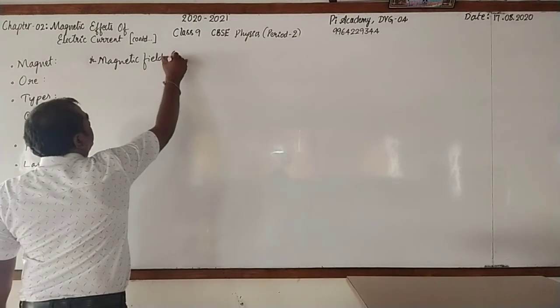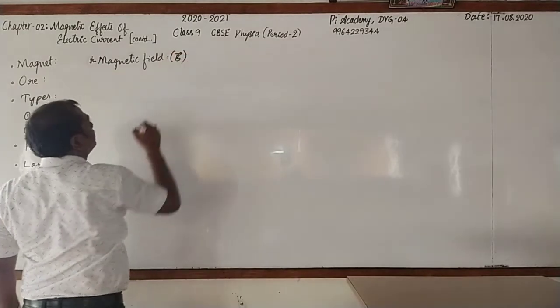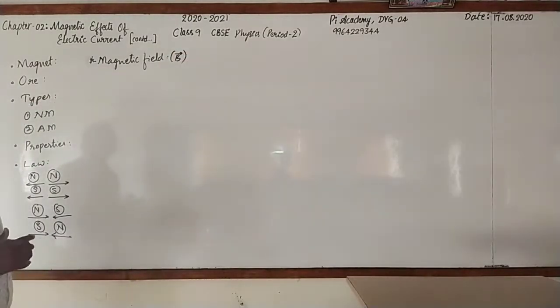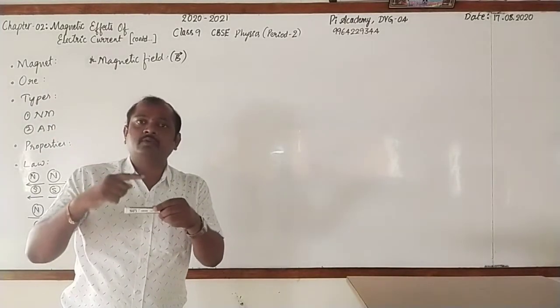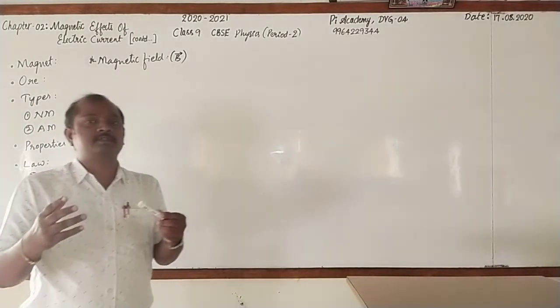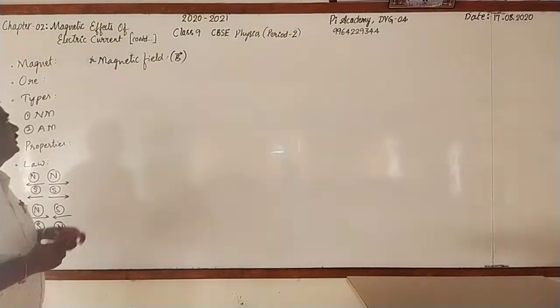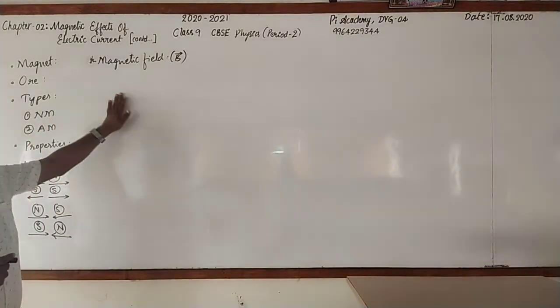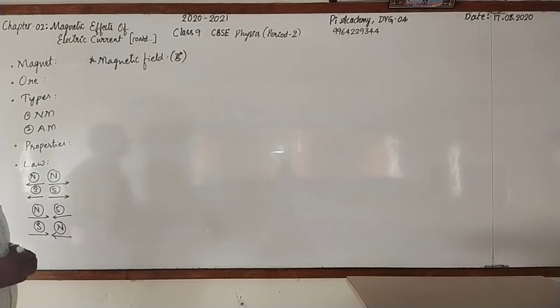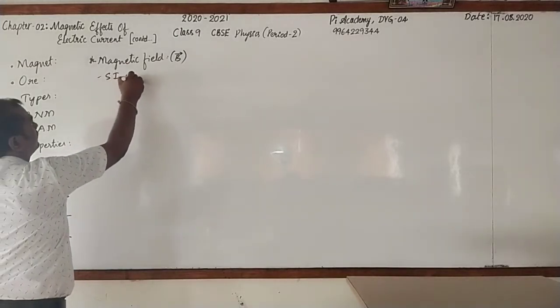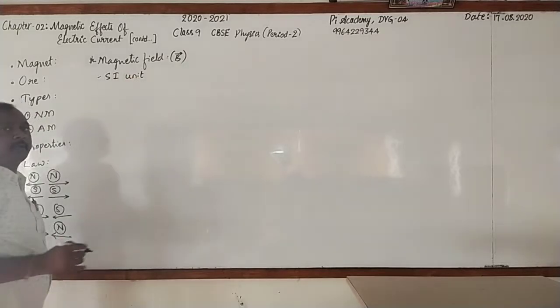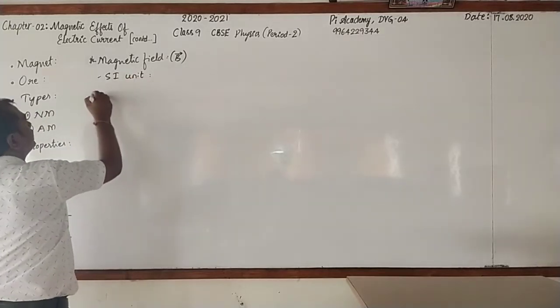It is denoted by the symbol capital B with an arrow over it. Once more I repeat the definition, as it is very important: the region around a magnet where the magnetic force is present and the magnetic effect is felt is called magnetic field. And magnetic field can be measured with a unit called, yes, Tesla or Weber per meter square.